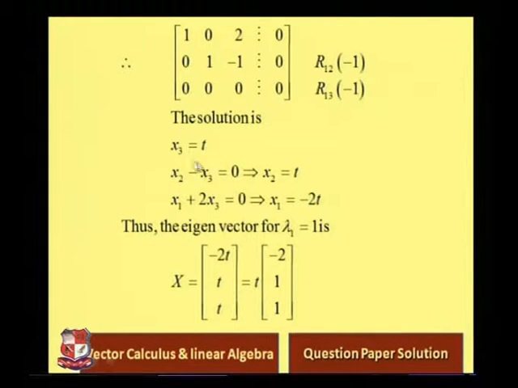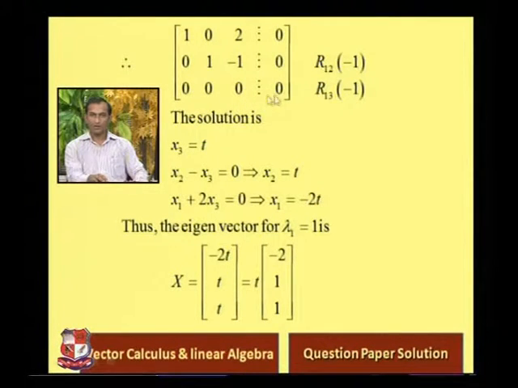So x3 is a free variable, because in the third row no leading one exists. So x3 equal to t is our parameter. Now using the second row, we get x2 minus x3 equal to 0.